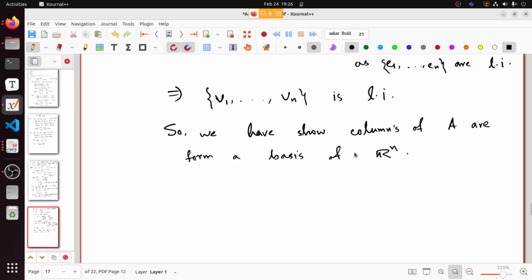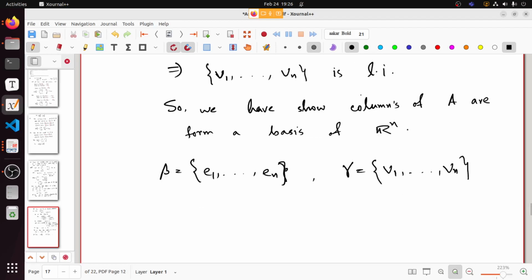So let's call beta the standard basis, e1 up to en, and gamma to be this, v1 up to vn. So these are the columns. Both are bases of Rn.